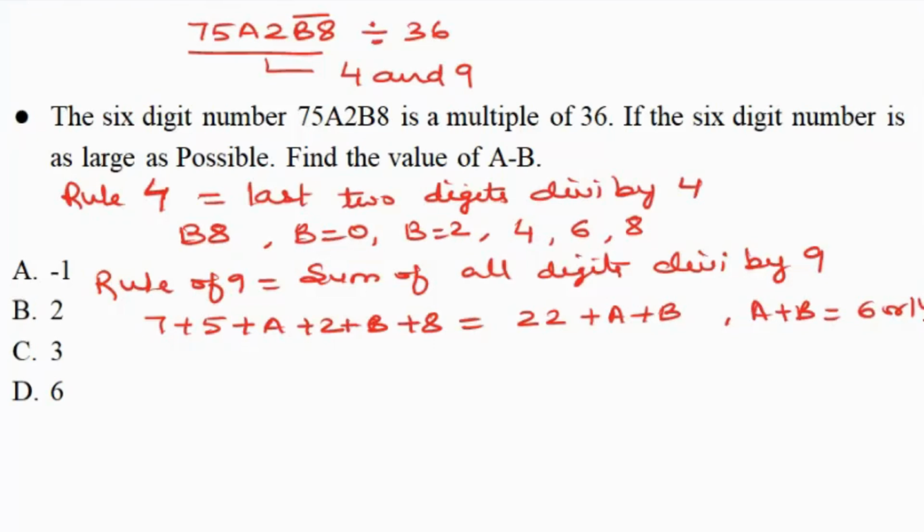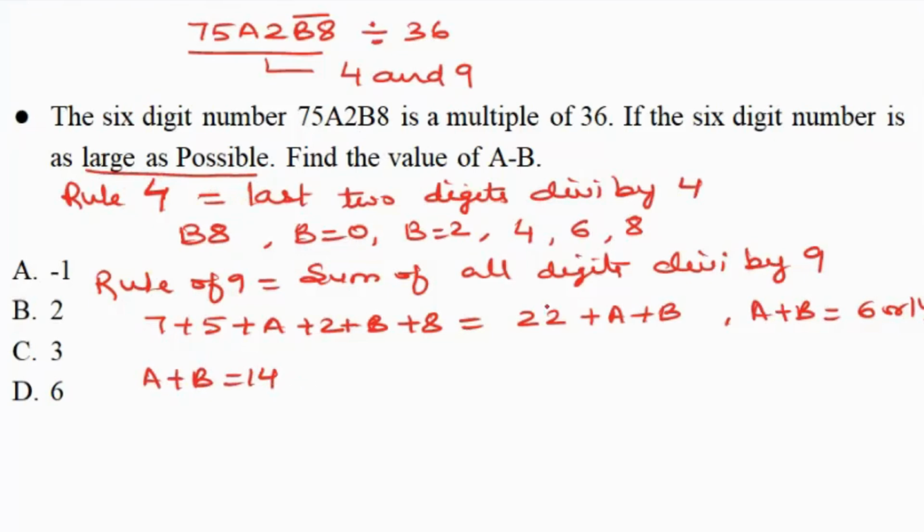Now, because according to the question the value has to be as large as possible, if we take the value of A plus B as 14, because this is the largest value, what can we put anywhere.